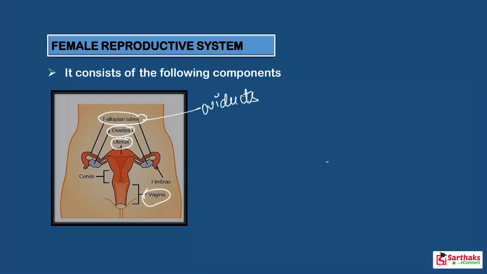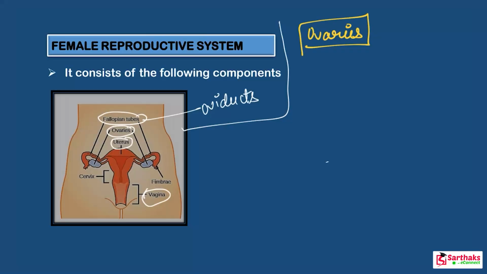First of all, I'm going to explain the ovaries. So write down the heading: Ovaries. As I told you, these are paired structures, and as you can observe here, these are oval shaped structures, which are inside the abdominal cavity of a woman, near the kidney.